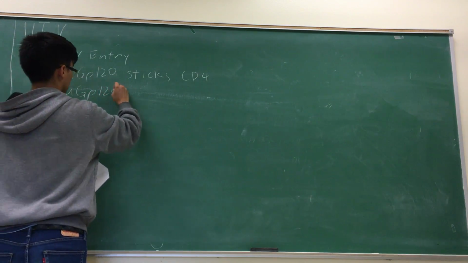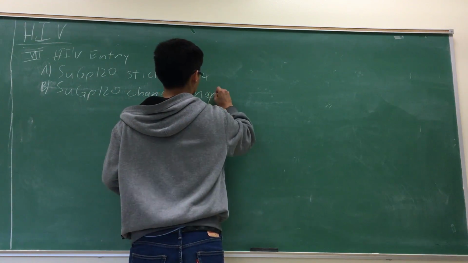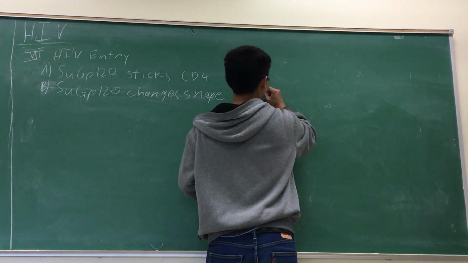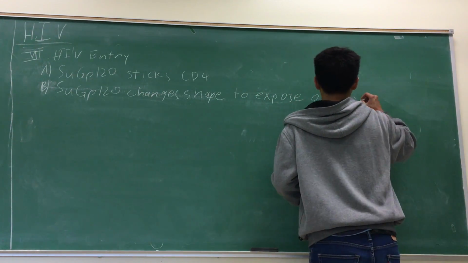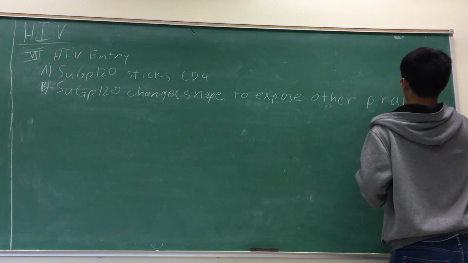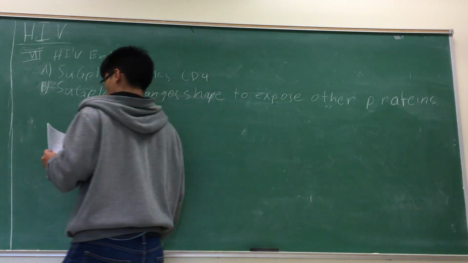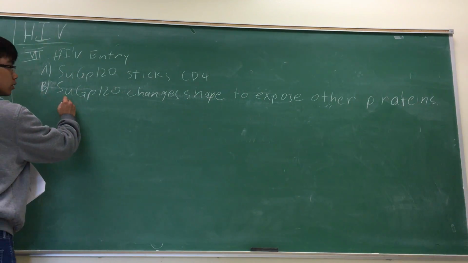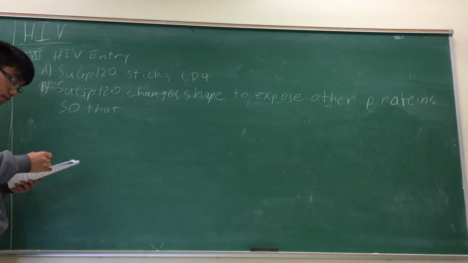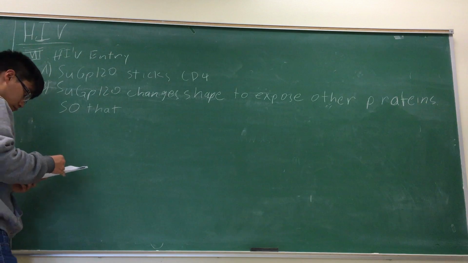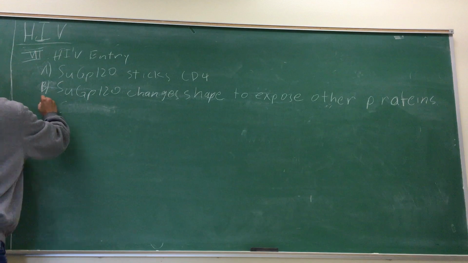And the surface glycoprotein changes shape, exposing the other protein, the transmembrane protein, transmembrane 41. Okay, so change shape.